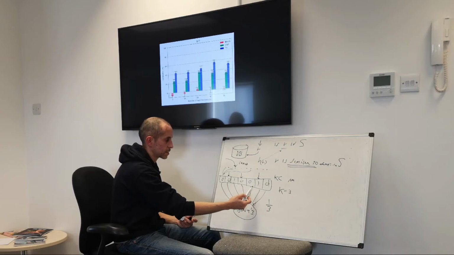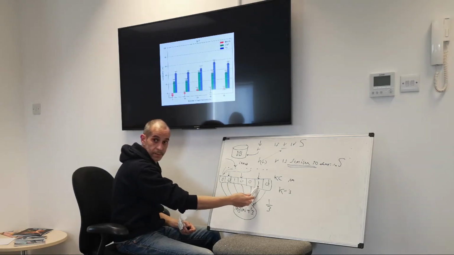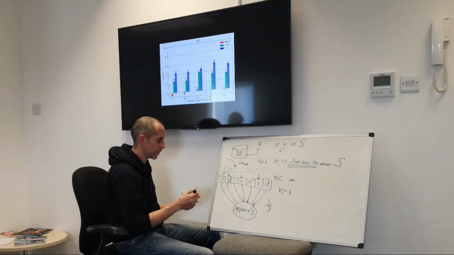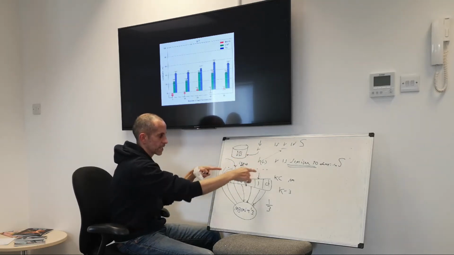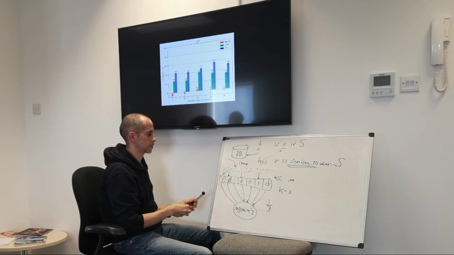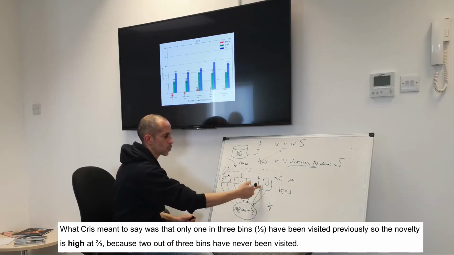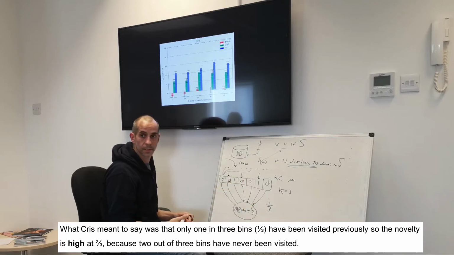There is a matching activation, this one, and it's only 1 of 3. If this was like this, then I'd have a signal that I've seen it before. So the novelty in this case is very high because I've only seen 1 out of the K activations, so the novelty is 1 of the 3.